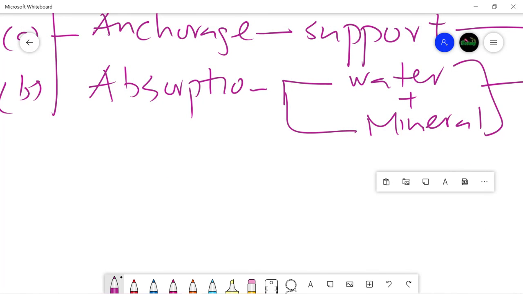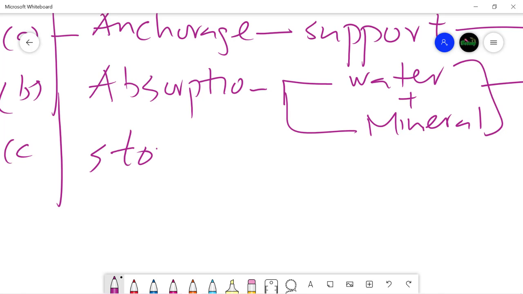But if the root gets modified, then it performs functions other than these two basic functions. These are the two most obvious regular functions of the normal roots, like taproot, for example, that is anchorage and absorption. And there is also a third function which is less obvious, and that is storage.